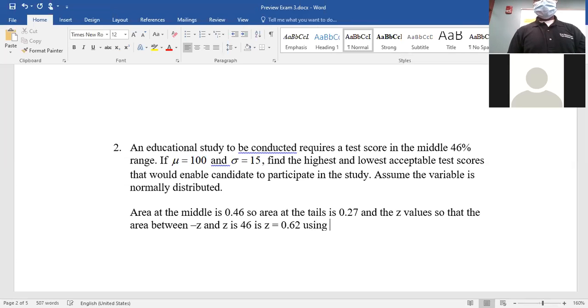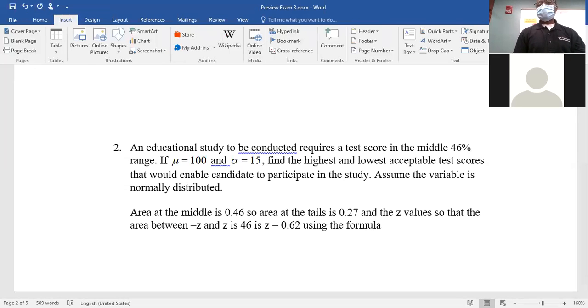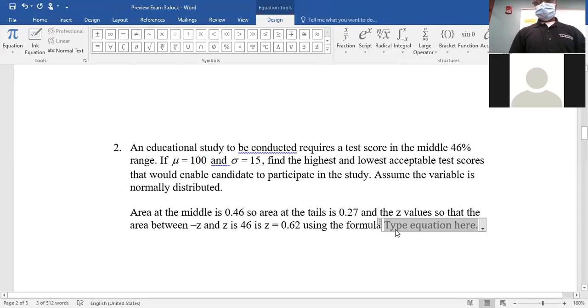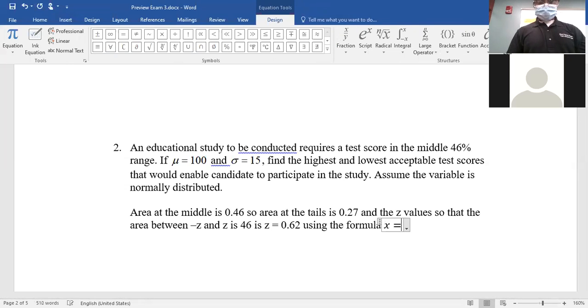Using the formula, this is the inverse formula. X equals sigma z plus mu.